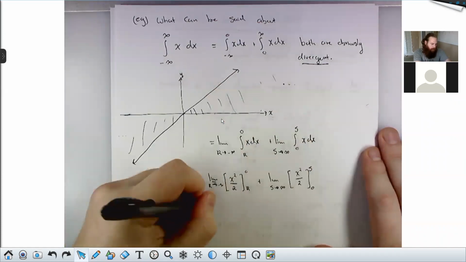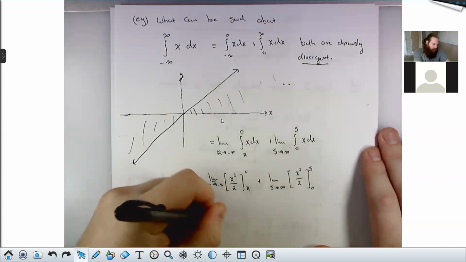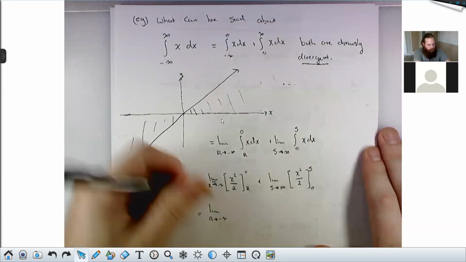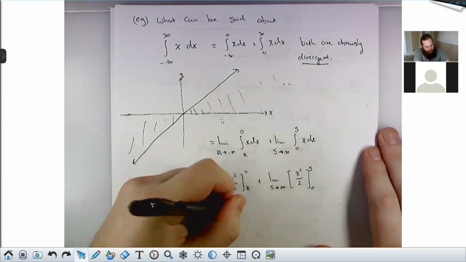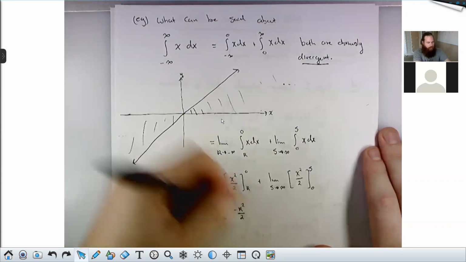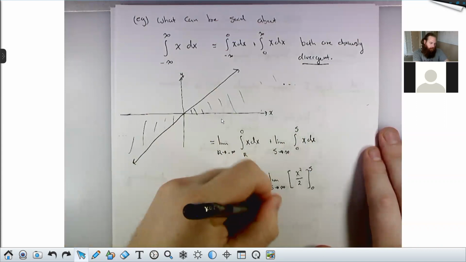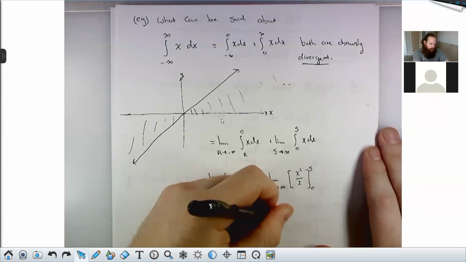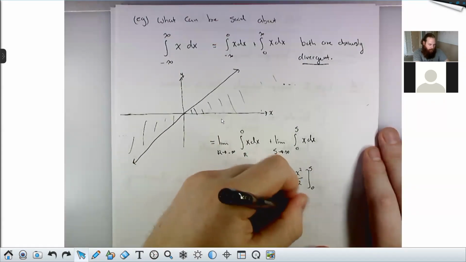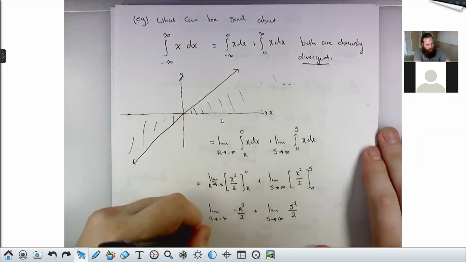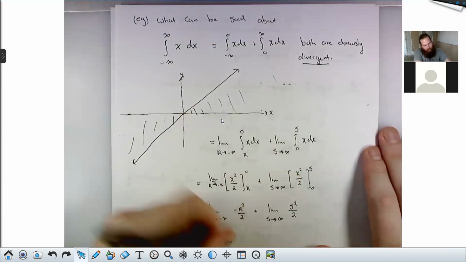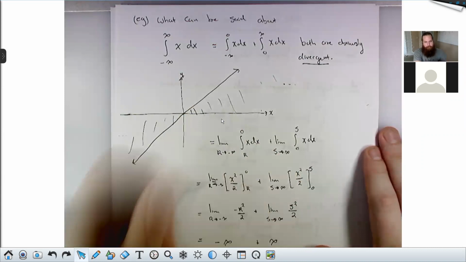And so we get lim r to negative infinity negative r squared over 2 plus lim s to positive infinity s squared over 2, which is negative infinity plus infinity.